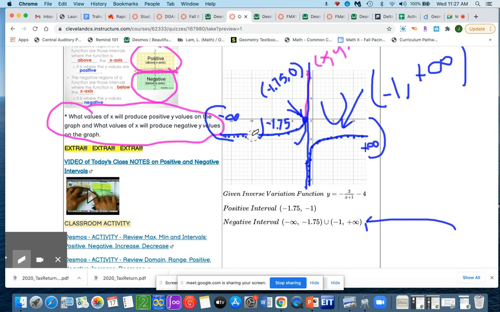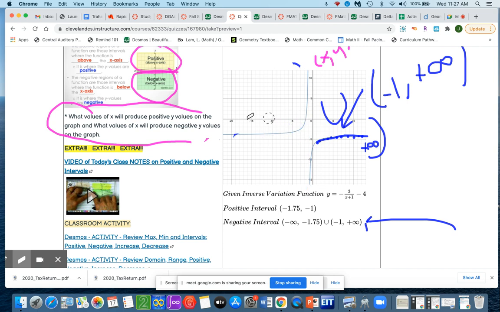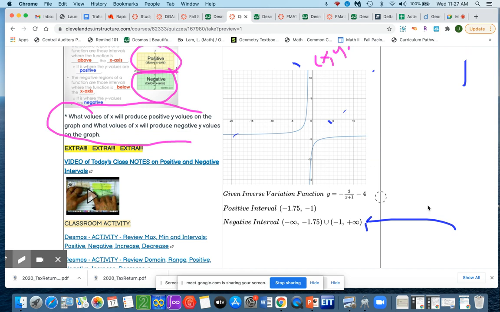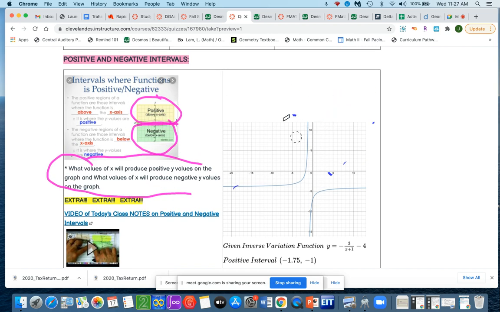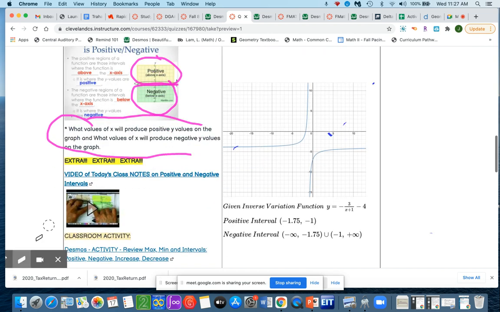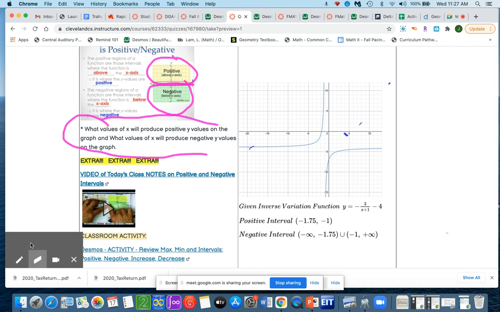Let me erase some of this. Now, for the positive interval, that's starting at the x-intercept, and then it stops at the asymptote. So once again, if you look really closely, you might have to zoom in on your picture a little bit.